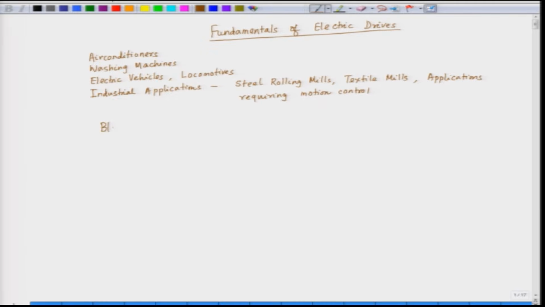or we can say the block diagram of a typical electric drive. Now, what is this?